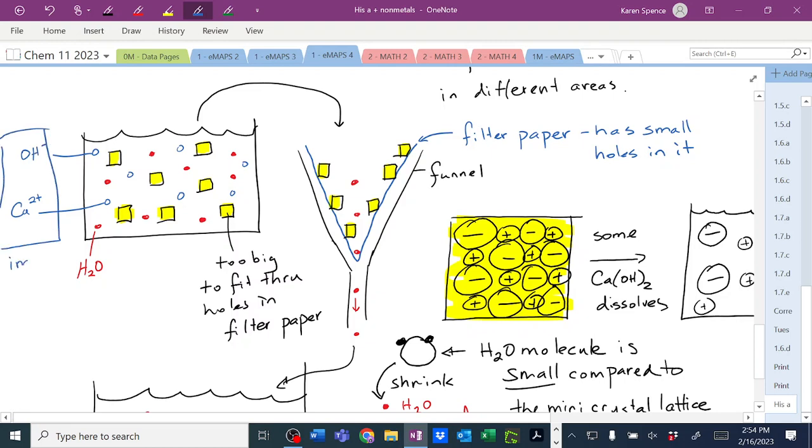These guys are individual ions. Will they go through the filter paper? Yes, they will.